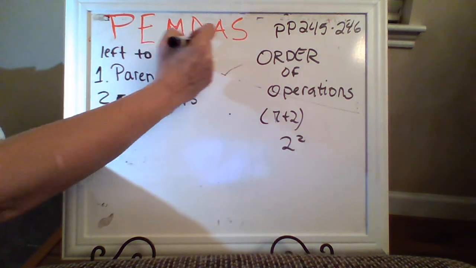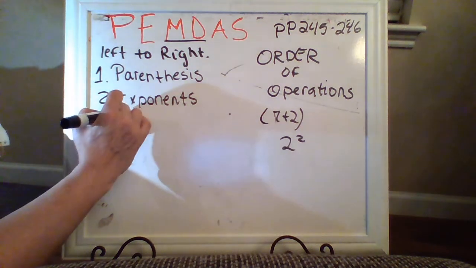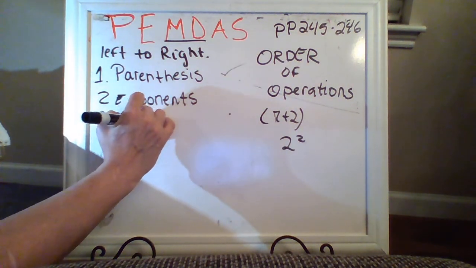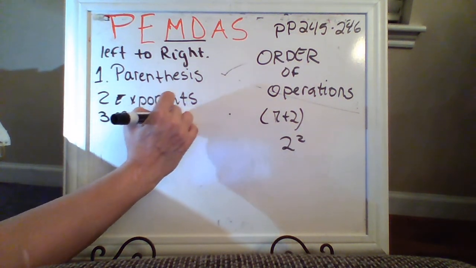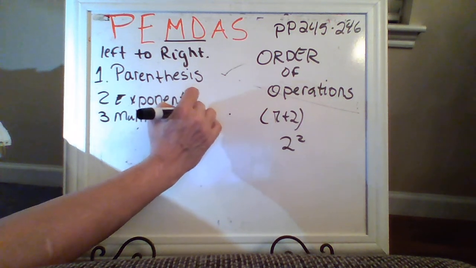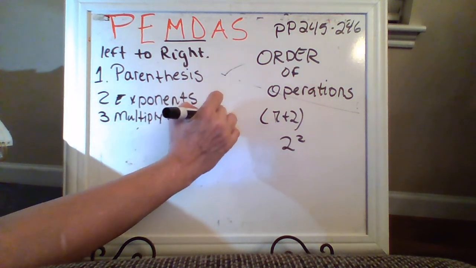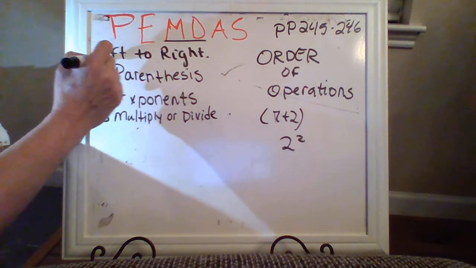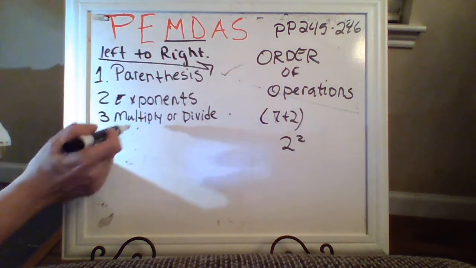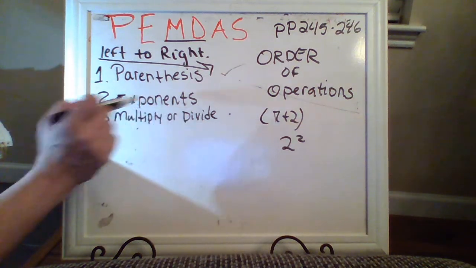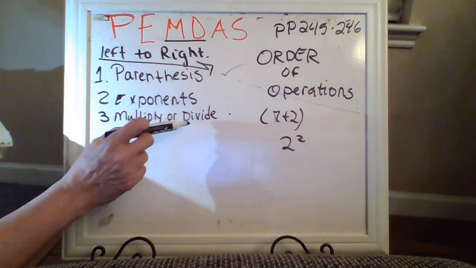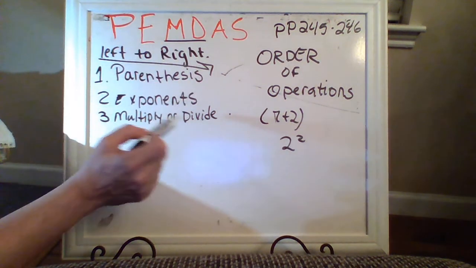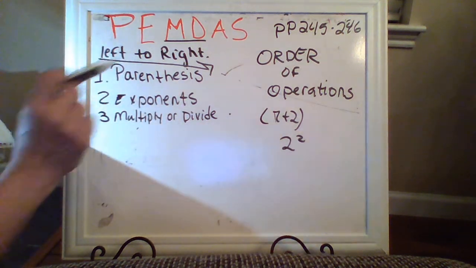The next two, the M and the D, they go together. They are multiply or divide. Notice it says or. Whichever comes first, but you're always reading, remember, left to right. So if a division comes before multiplying, you would divide before multiplying. Whichever one of these two comes first from left to right.